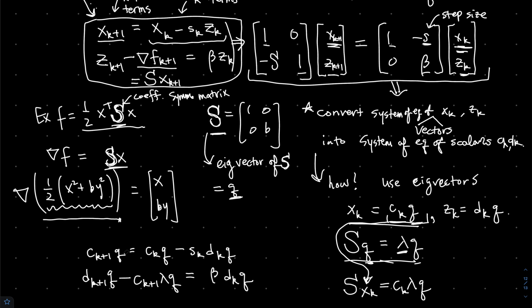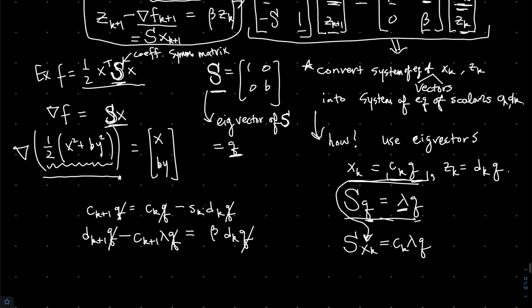Now, for both equations, q is the common factor for the left and right hand sides. So we divide all equations by q. We can cancel q from every term.